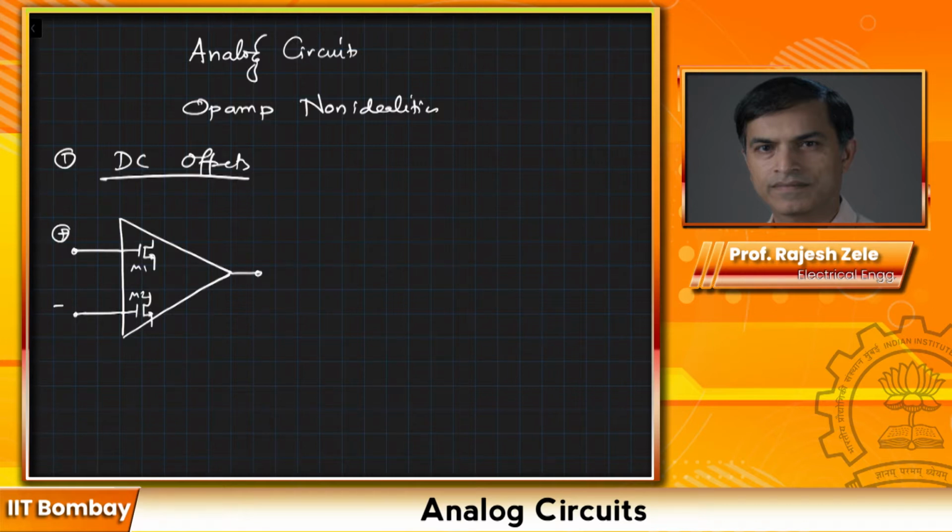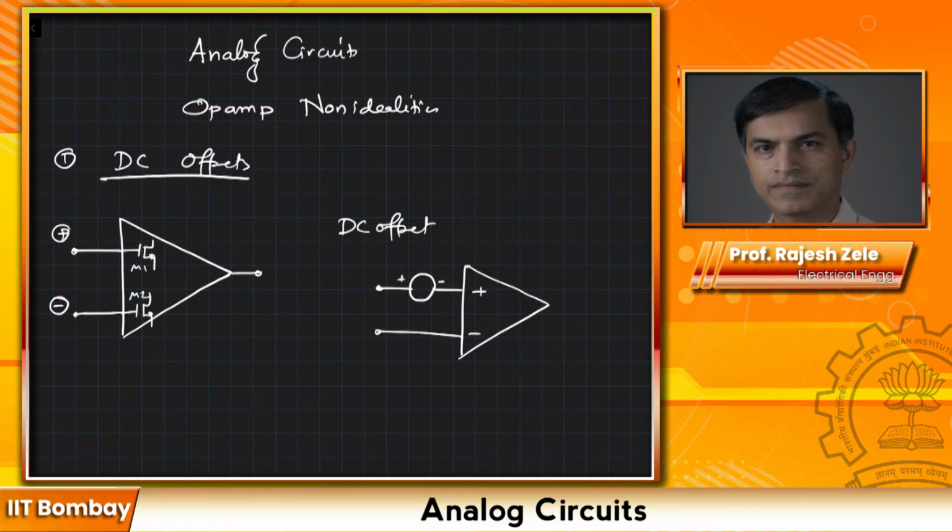So let's say this is your plus and minus terminal. The DC offset we model as follows. We show the ideal op-amp, plus and minus, and then we say that here is a small amount of DC offset which we show at the input.